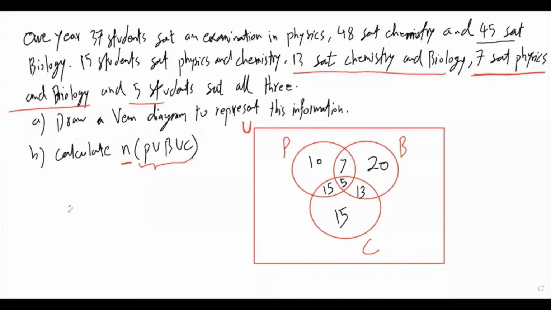This is equal to 10 plus 7 plus 20 plus 5 plus 15 plus 13 plus 15 again, which I believe should be 30, 50, 70, 85. Yeah, that's the final answer. Don't forget that's the n, the number of students who are taking physics, biology, or chemistry.